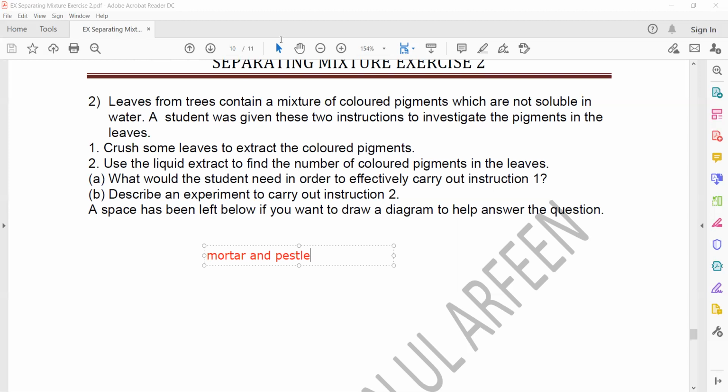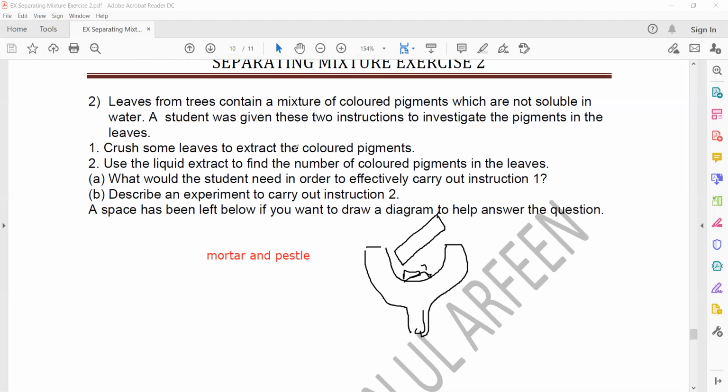Whenever you want to crush any substance, you use a mortar and pestle. So using the mortar and pestle, you will crush the leaves first.